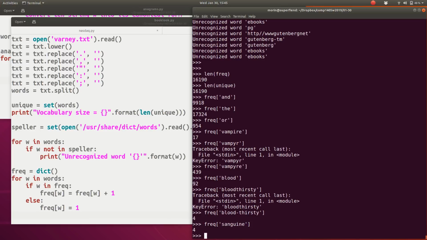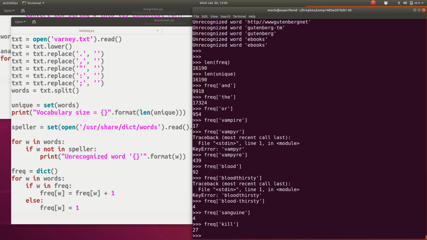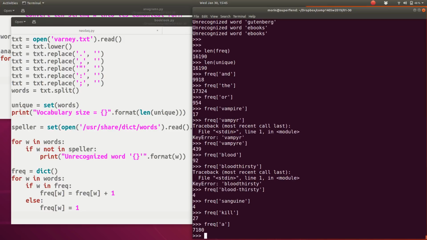Any other suggestions? What do vampires do? They kill people. Deaths, I would guess. Yeah. The letter A. 7,180. So compared to the, that's less than half the number of occurrences. So this author likes to be specific about things rather than general.